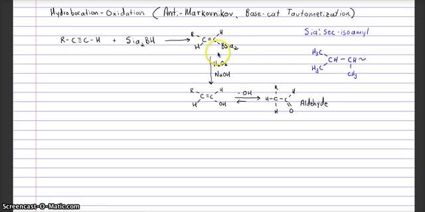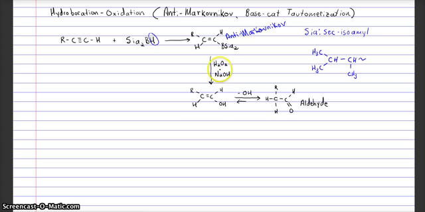We're going to add the hydrogen to the more substituted side. So you'll notice we have an R group and a hydrogen. So the hydrogen here added to the more substituted side. So this is anti-Markovnikov addition.